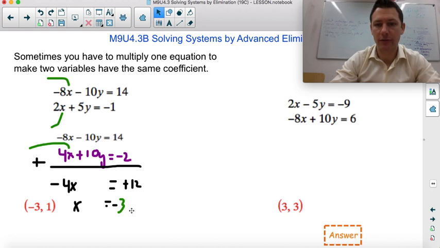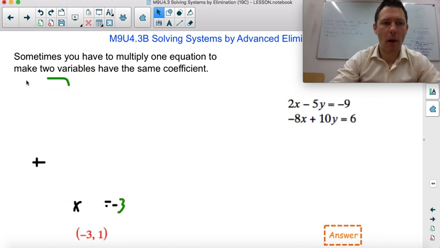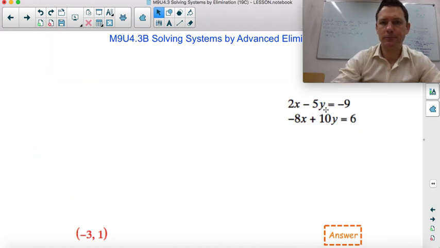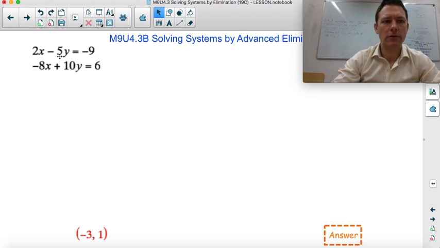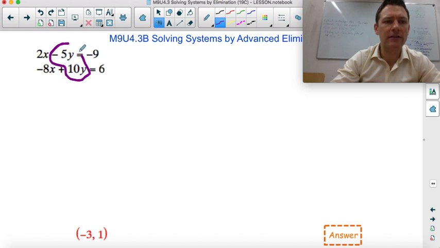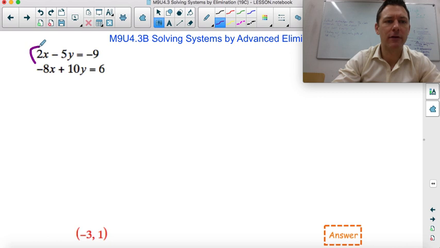Ooh, answer's 3, 3. Okay, so we're going to do the same thing. These look easiest to go after because I can multiply the top equation by 5. So I'm going to do that.